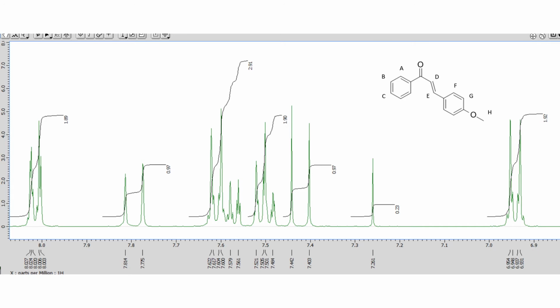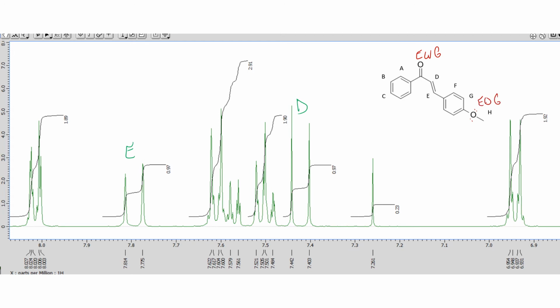Okay, I just advanced the slide to the next thing. So we've got E and D assigned, and the next thing we're going to think about is some of the other hydrogens here. So if we think about this carbonyl, this is an electron withdrawing group, and this methoxy is an electron donating group.